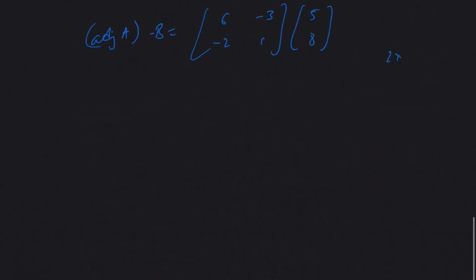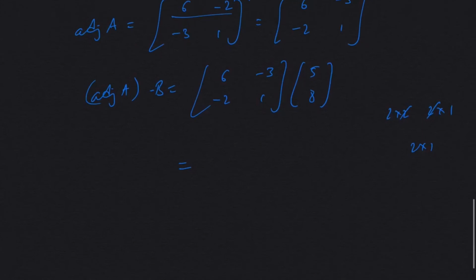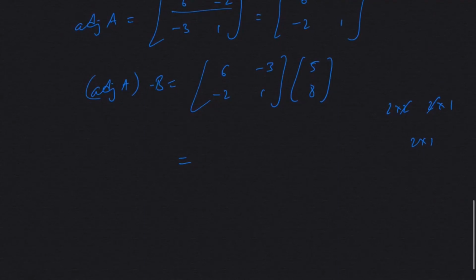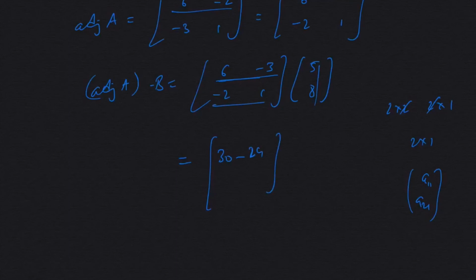So a 2 by 2 matrix times a 2 by 1 matrix will give a 2 by 1 matrix. First row, first column: 6 fives are 30 minus 8 threes are 24, giving 6.